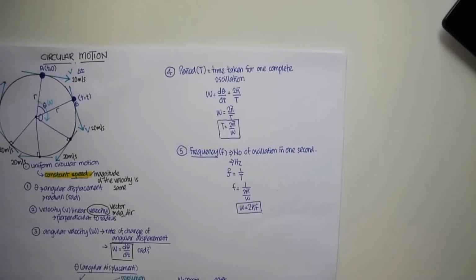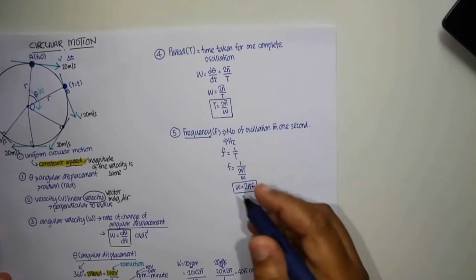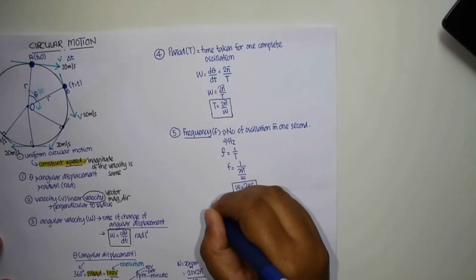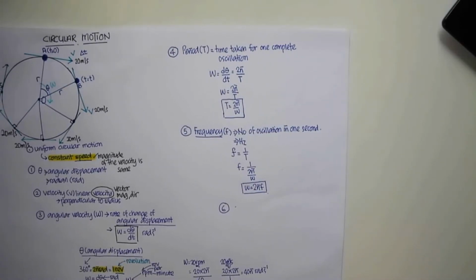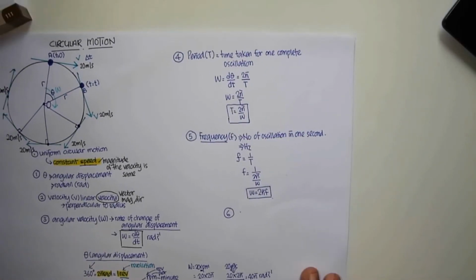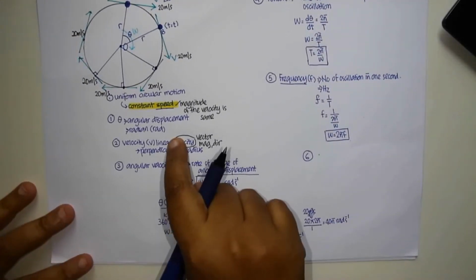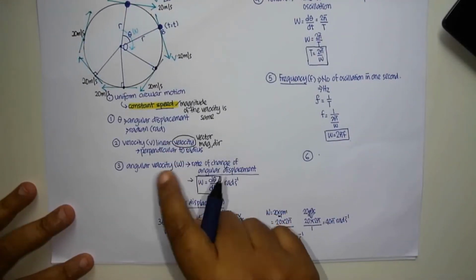Okay, number 6. We want to find a relationship of linear velocity with angular velocity and radius.